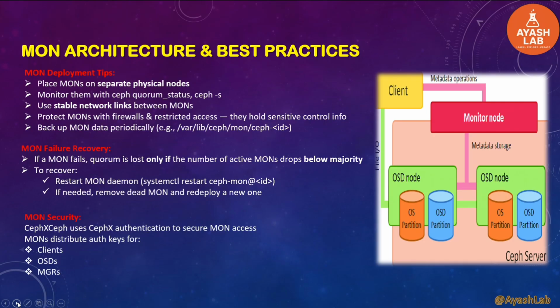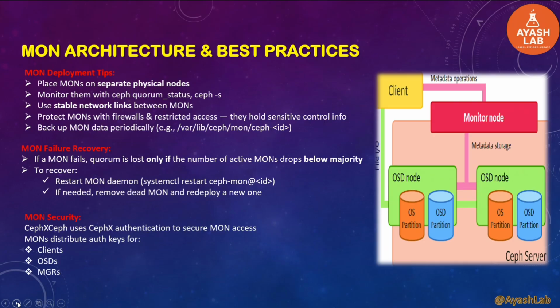Then always use stable, low latency network connections between Mons. The faster and more reliable their communication, the healthier your cluster. So for making a healthier cluster, you have to always ensure that the communication between each Mon is fast and reliable. Then we have to keep the Mons protected. Use firewalls.